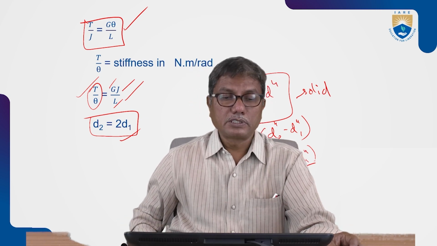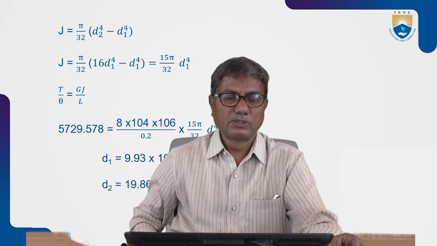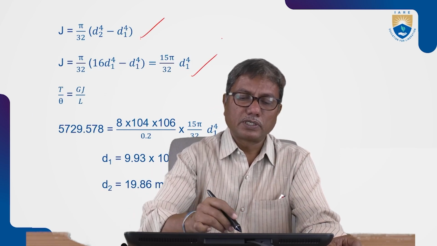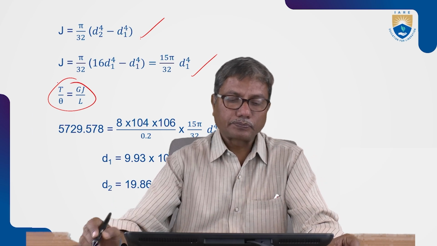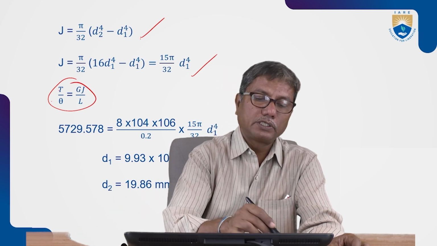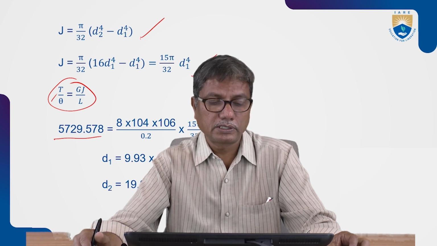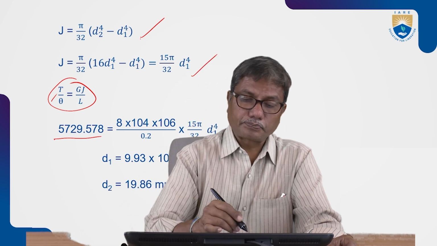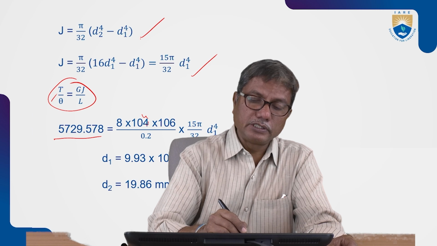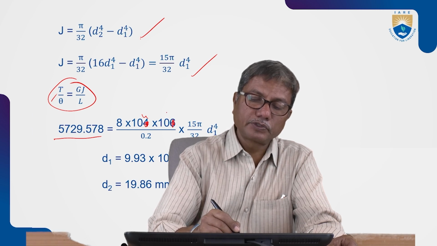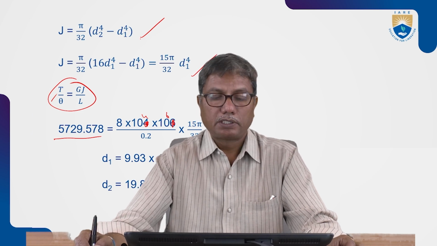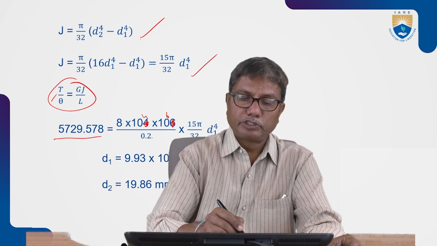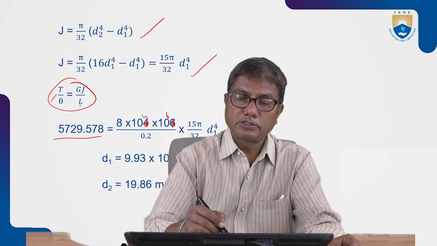Substituting these values in this equation, the stiffness in Newton meter per radian is 5729.58, and this is G, 8 into 10 power 4 into 10 power 6, divided by L. G by L, and this is the J value.